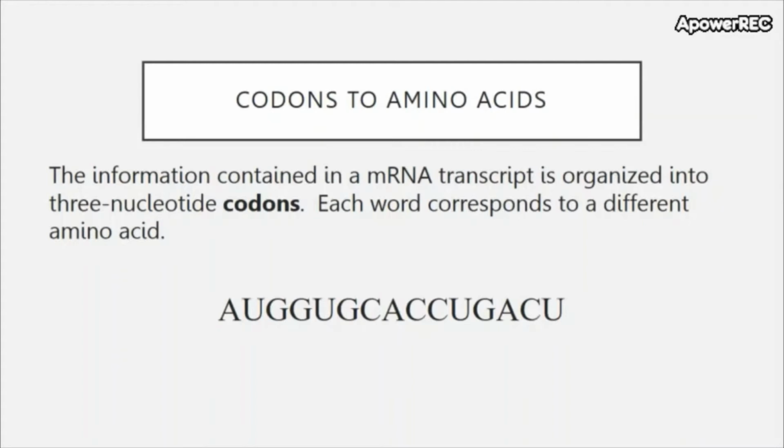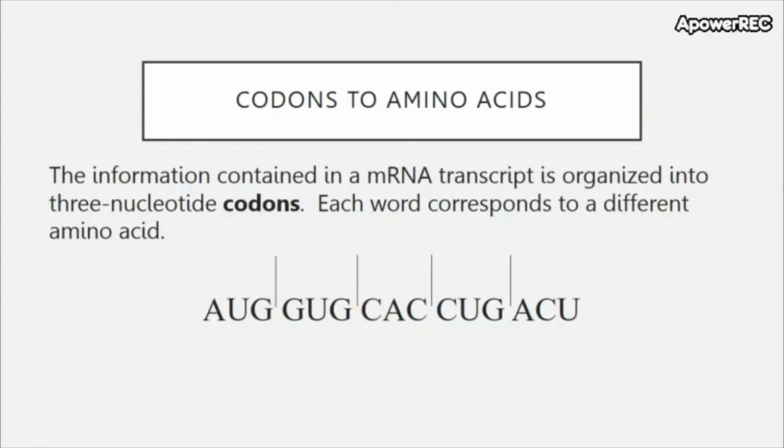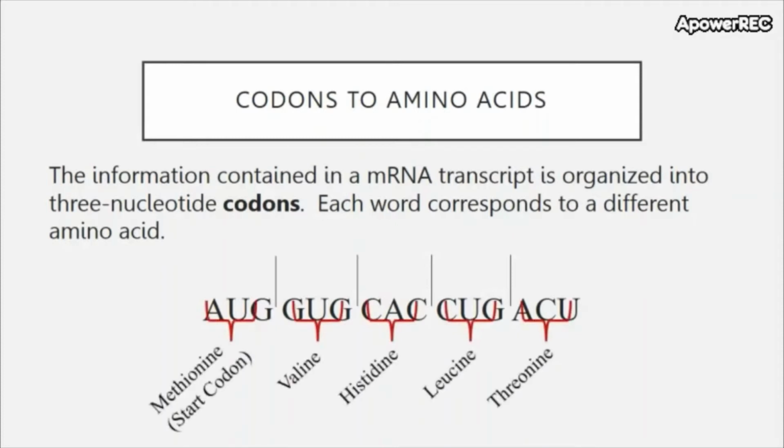So we can take any mRNA code, separate it into 3-letter codons, and then use a codon usage chart to see which amino acid each one of those codons codes for. In this case, AUG codes for methionine, which is the start codon. GUG codes for valine, CAC codes for histidine, CUG codes for leucine, and ACU codes for threonine.